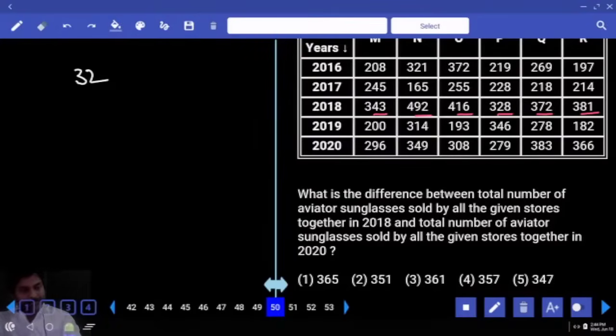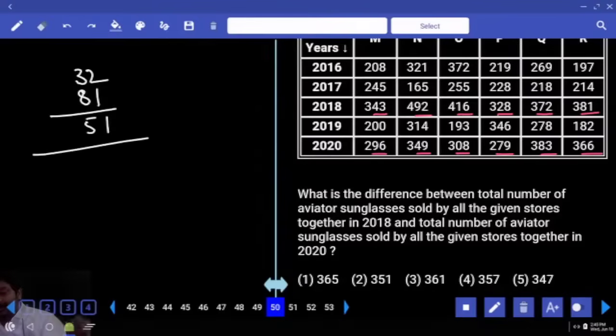Got it? 9649, 45, 458, 53, 53 plus 79, 132, 32, 32 80, 83, 32 83, 115. Last 2 digits, 15, 15 plus 66, 80. There is only one option.